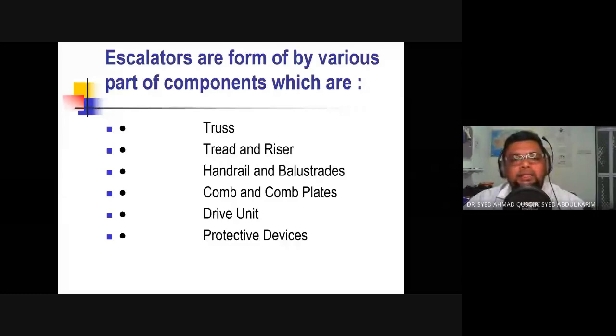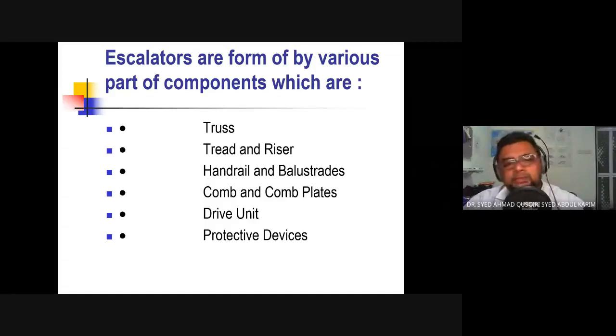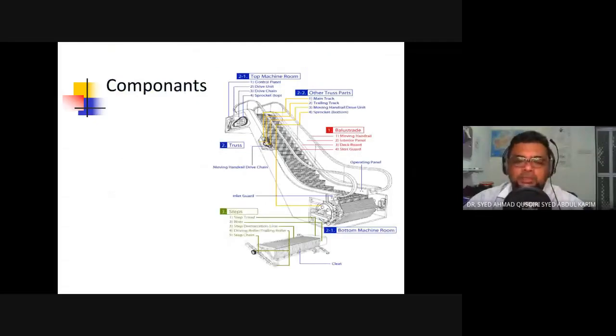So next we have a look at the parts. These are some of the parts: truss, straight riser, handrail, balustrade, comb, comb plates, drive unit, protective devices. So these are the components in an isometric view. We have, first of all, the top machine room and the bottom machine room.